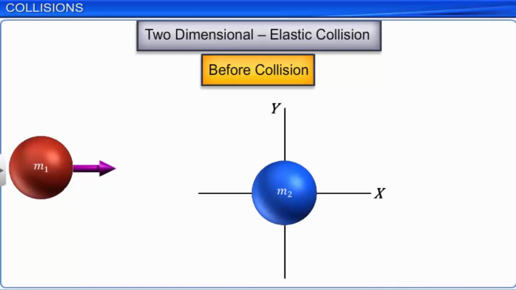Consider an elastic collision in two dimensions, where a body of mass m1 with velocity u1 along the x-axis collides elastically with a body of mass m2 at rest. This implies that the velocity of m2 before collision, u2, is 0.